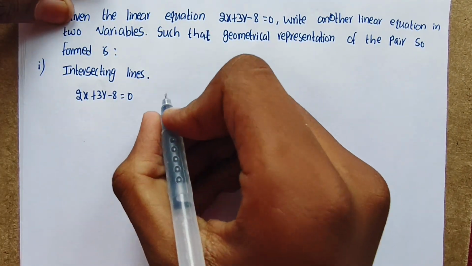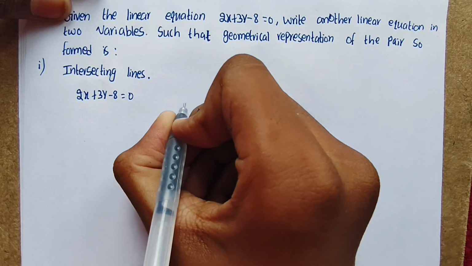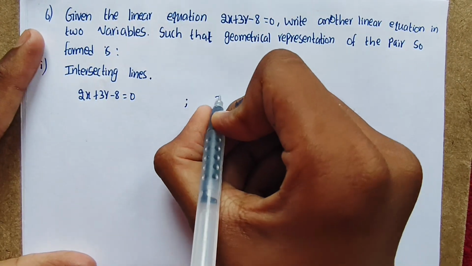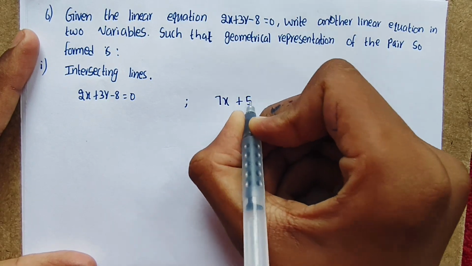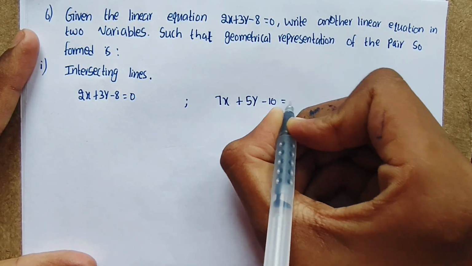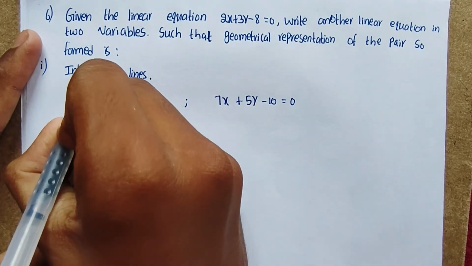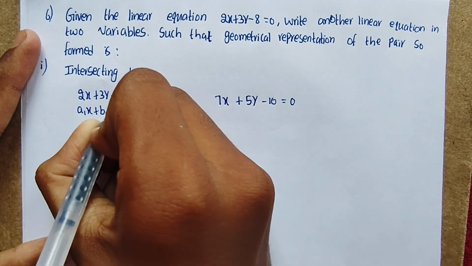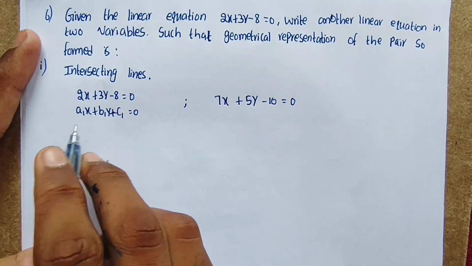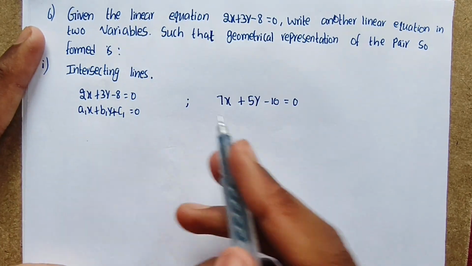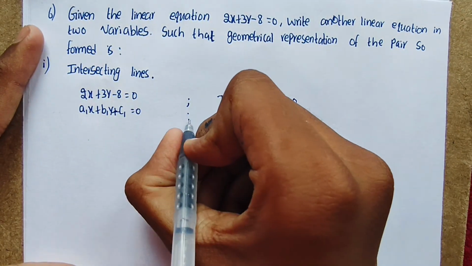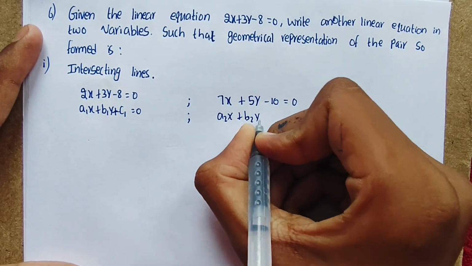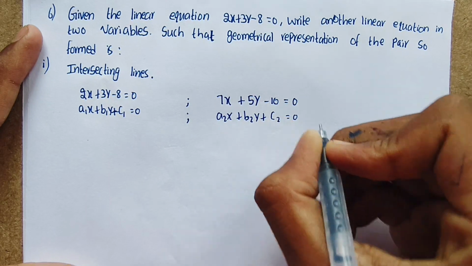I am writing another linear equation like this: 7x plus 5y minus 10 equals 0. Here a1x plus b1y plus c1 equals 0 is the form of a linear equation, and a2x plus b2y plus c2 equals 0.